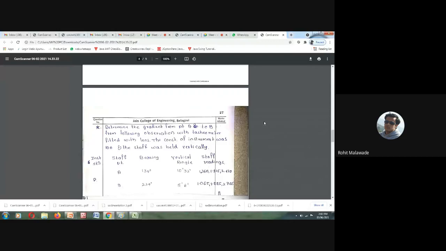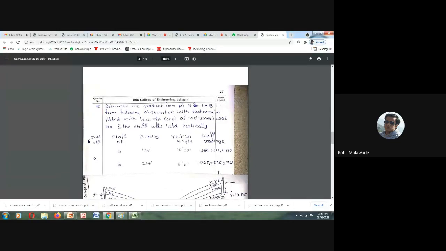From the following observation with a tacheometer fitted with an anallactic lens. The constant of the instrument was 100, that is your K value, and the staff was held vertical.